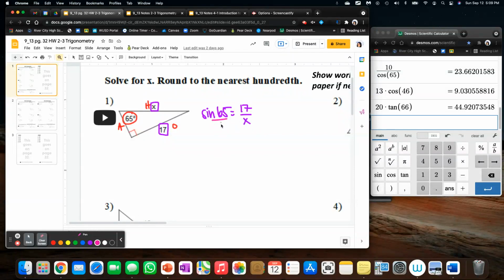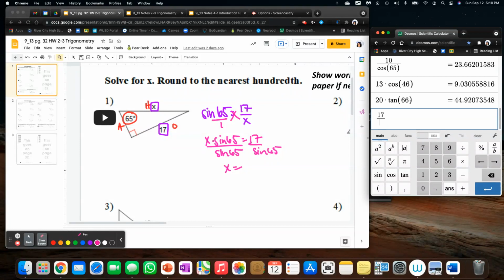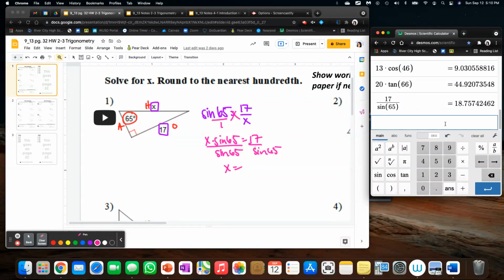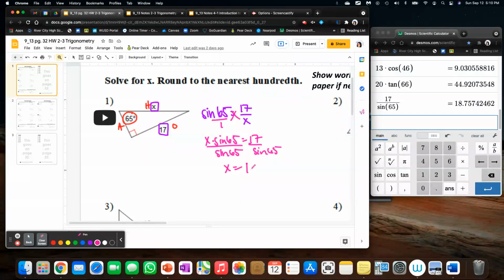Using that little trick, we should know that we're going to end up dividing in the end when we cross multiply to get x by itself. So 17 divided by sine 65, we get 18.76 about.